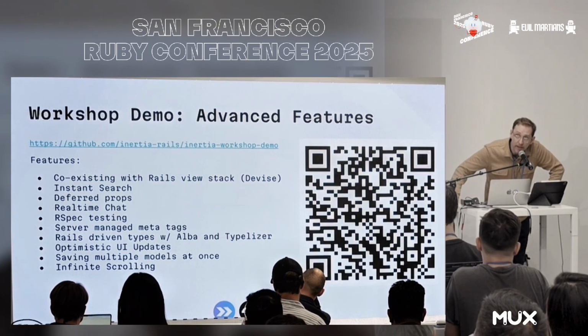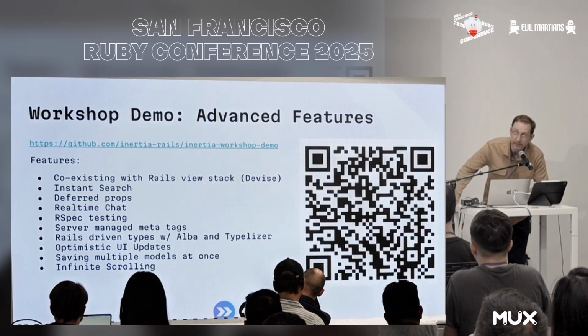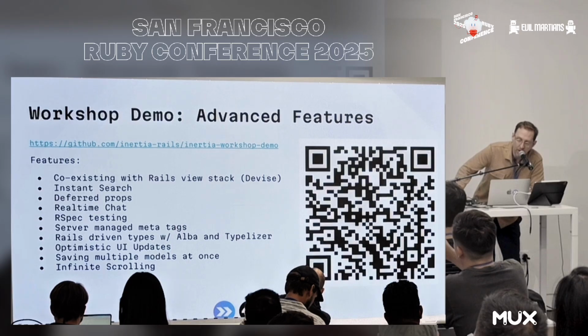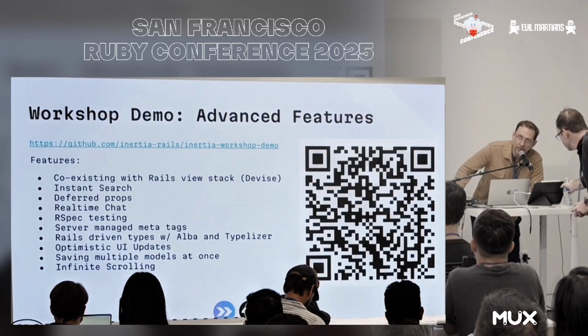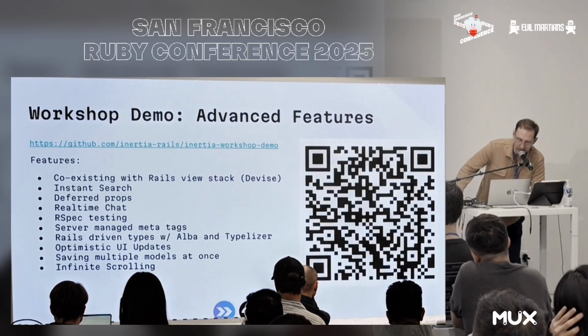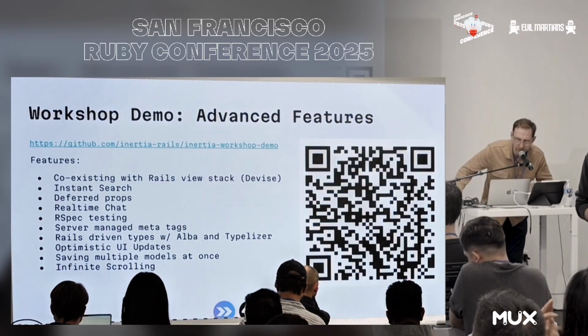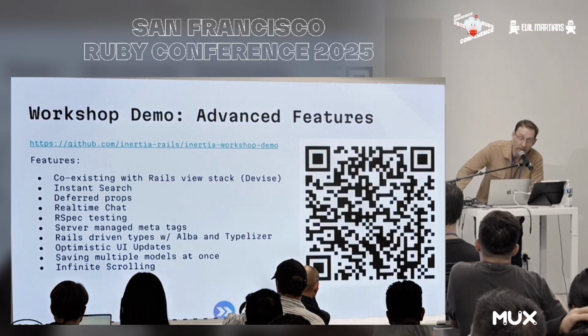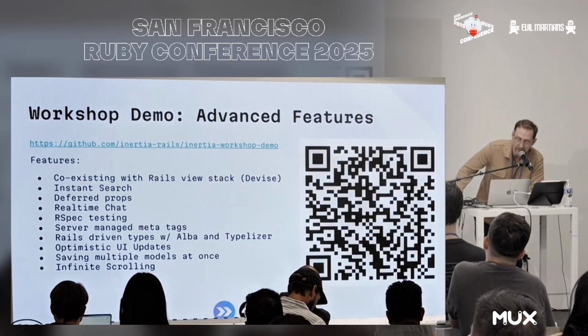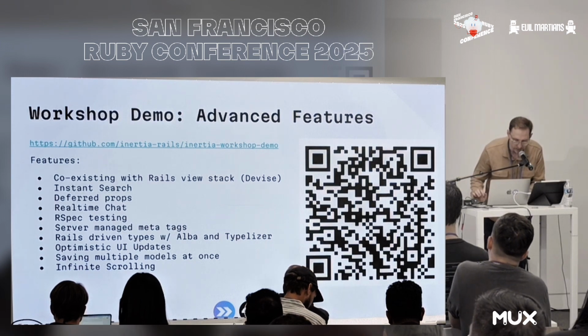If you're going to run that locally, you just need to run bin setup, but make sure to do that on the main branch. If you try to do it on one of the feature branches, you're going to run into an error. You can then switch between the feature branches, but we have a last minute change to fix that, so just a quick warning.